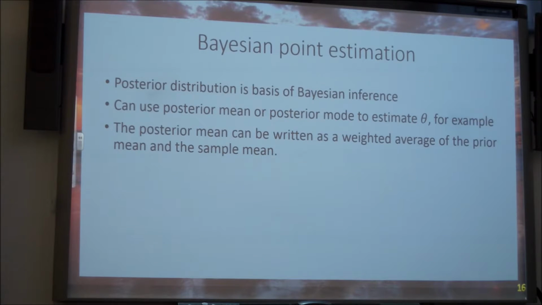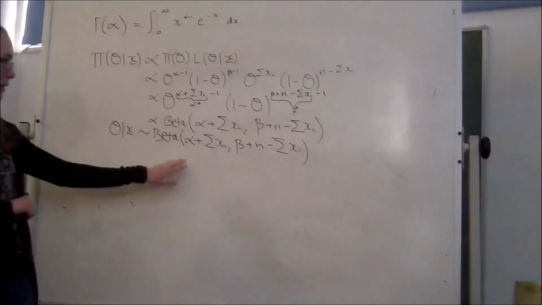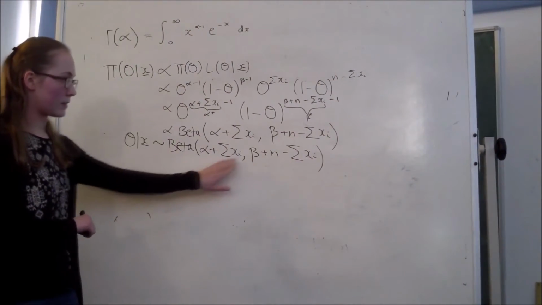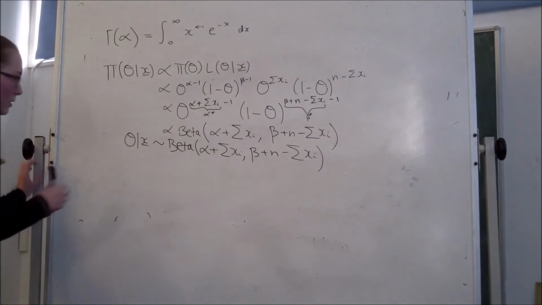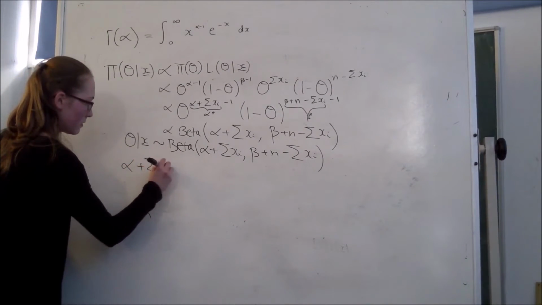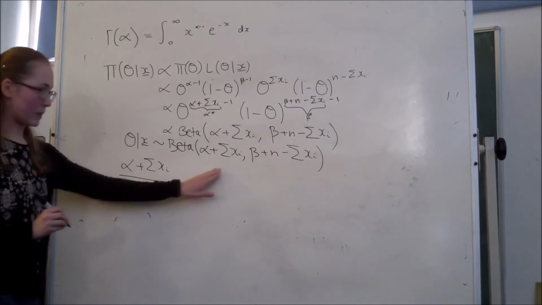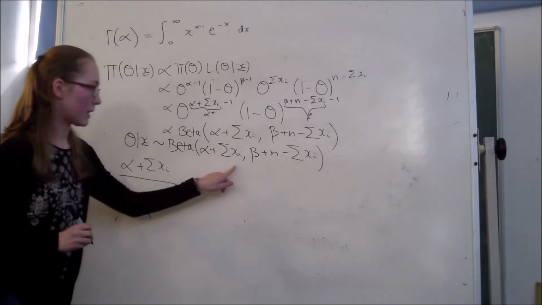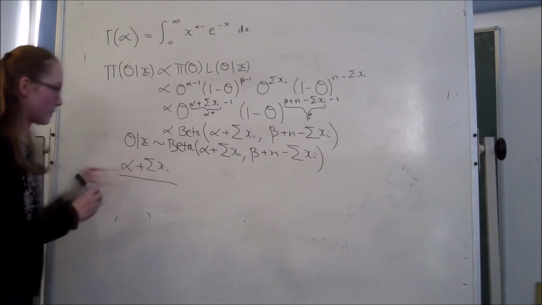So if we want the expectation of this distribution, you take the first parameter divided by the sum of the two parameters. So you have alpha plus the sum of the xi's divided by the sum of these two. So the sum of the xi's will cancel out, so you just get alpha plus beta plus n.